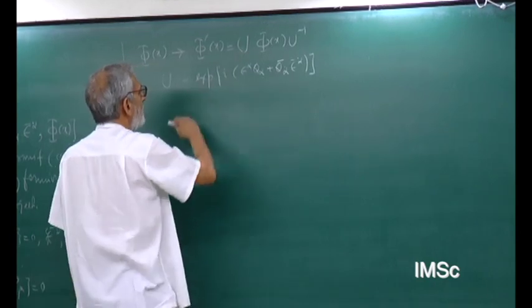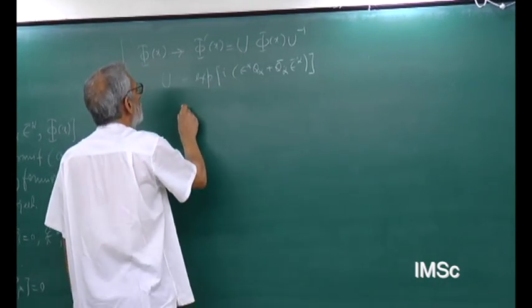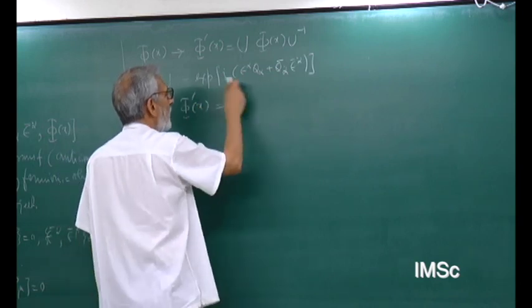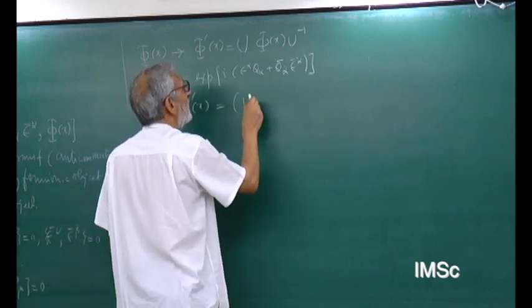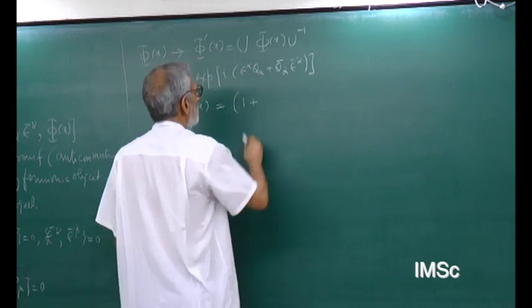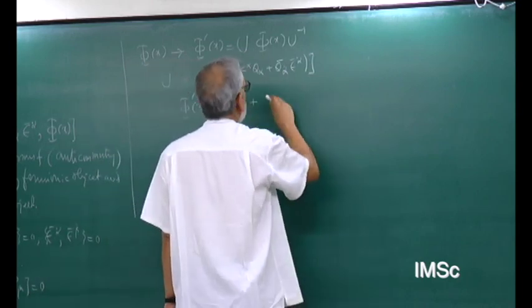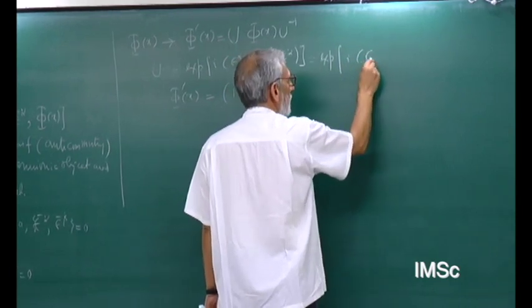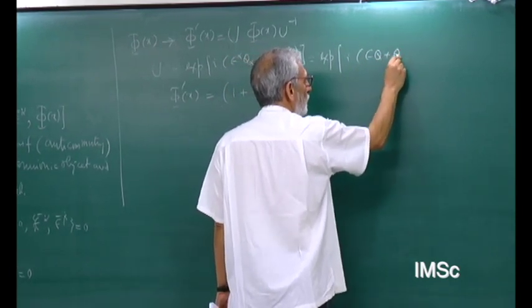And if I write an infinitesimal change, expand this as 1 plus i times, a shorthand is epsilon Q plus Q bar epsilon bar.